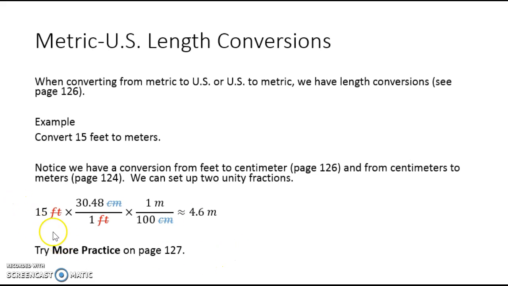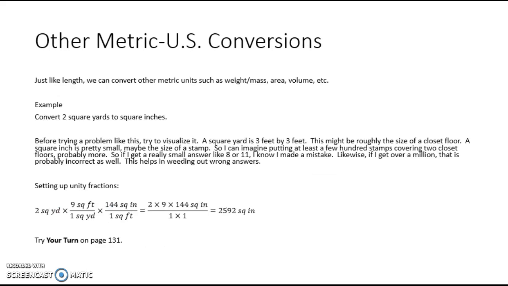So our original amount was 15. That's 2 significant digits. You can go back to one of the previous lessons if you forgot how to find that. So our final answer will also be in 2 significant digits. Alright, so try some more practice on page 127.